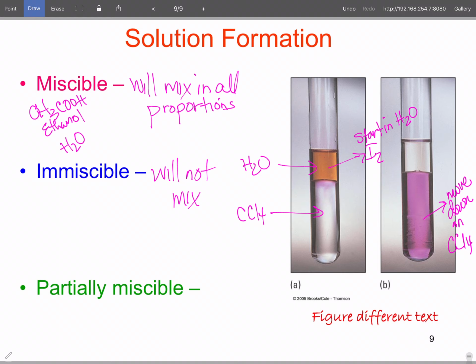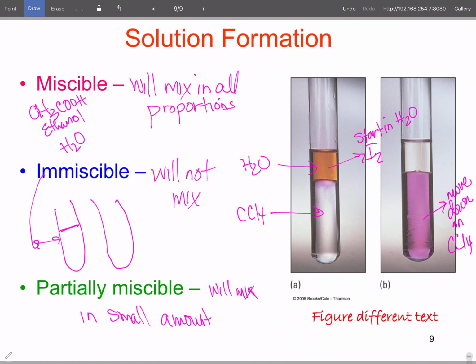And then partially miscible means it will mix in small amounts. This is usually easier to see if you have a test tube. Instead of having a defined layer as for immiscible, for partially miscible you'll have kind of a cloudy layer.